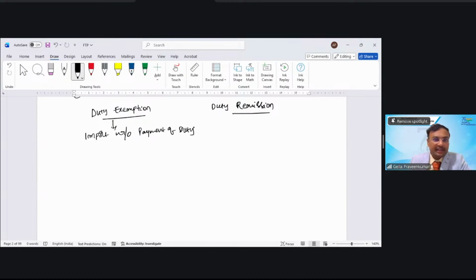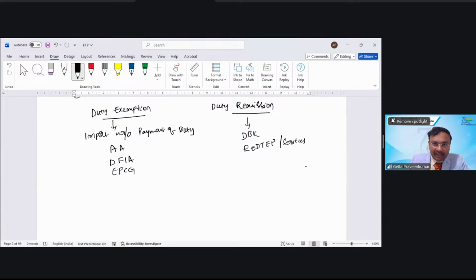Examples for duty exemption are advance authorization, duty-free import authorization. We can even think of EPCG also. On the other hand, my examples for duty remission are duty drawback, RODTEP, remission of duty, taxes paid kind of thing. Then similarly for services, ROSCTL. These are schemes which are called duty remission.